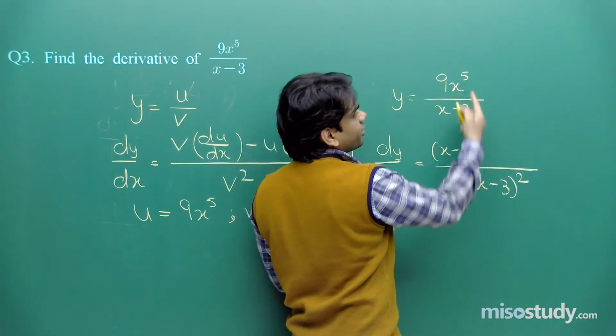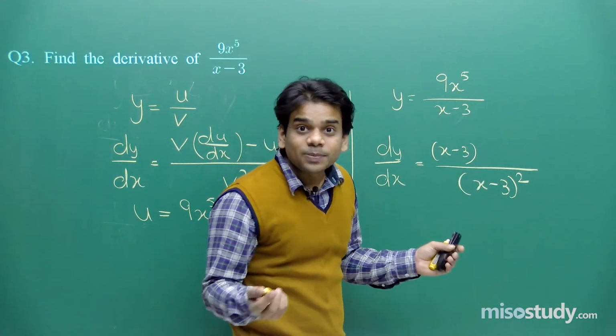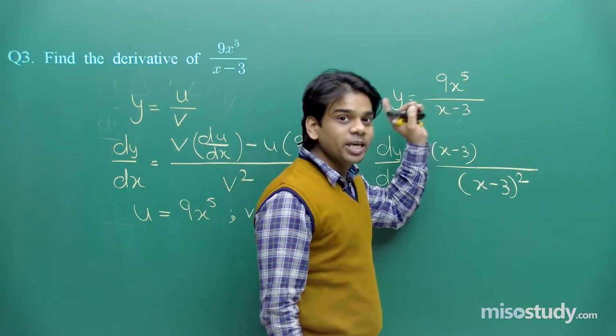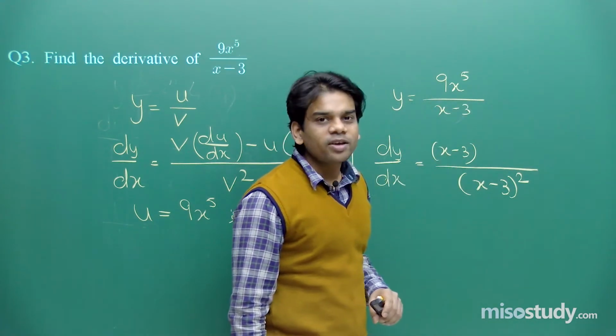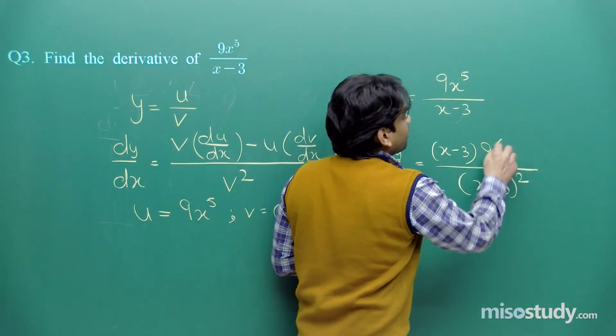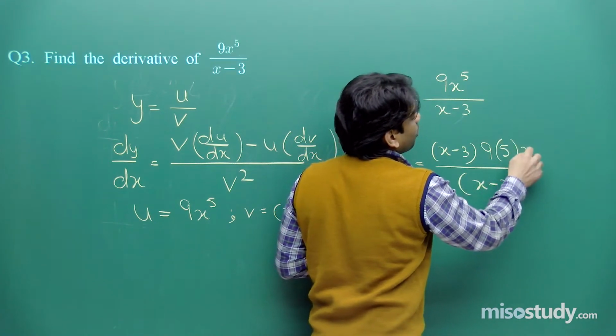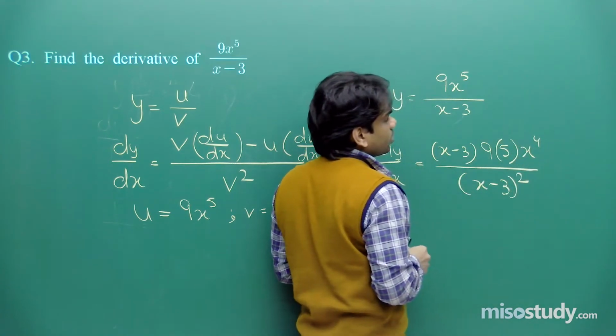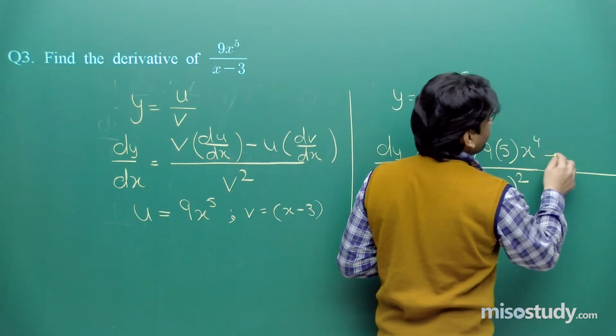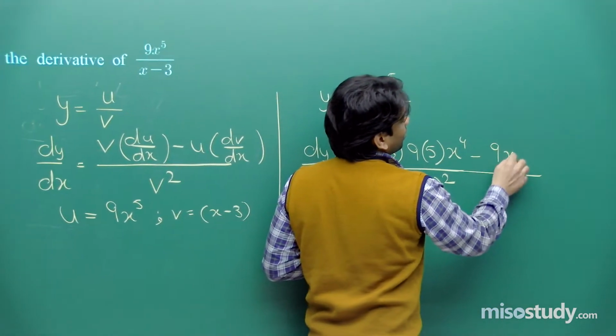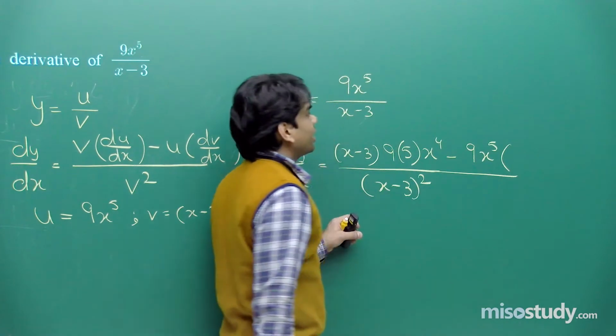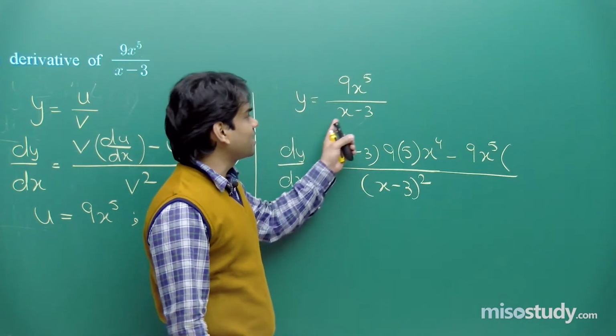First differentiate the numerator, 9x power 5. Keep the coefficient 9 as it is; 5 comes here, and x power 5 minus 1, that is 4. Now keep the numerator 9x power 5 as it is and differentiate the denominator, x minus 3.